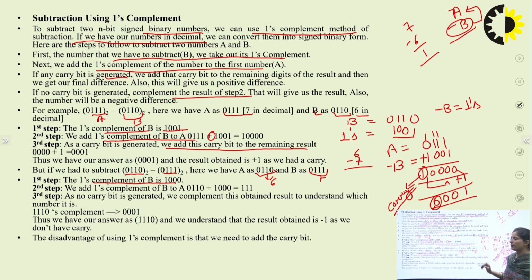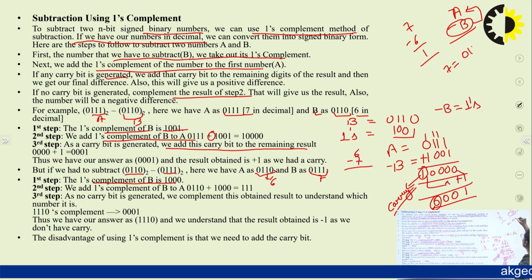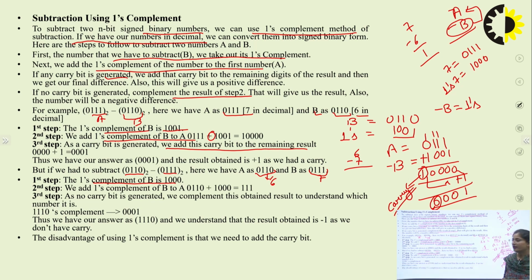First, the ones complement. What is the value of 7? The binary value of 7 is 0 1 1 1. So the ones complement of 7 is equal to 1 0 0 0, because we want to subtract 7 from 6.